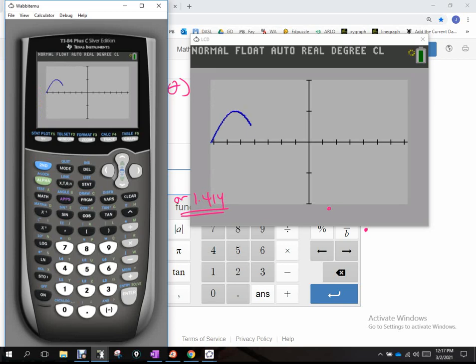So we get the blue one, which is the sine. And now we're going to graph the red one, which is the cosine of 90 minus x. Do you see that no matter what x we use, the red one and the blue one are identical?